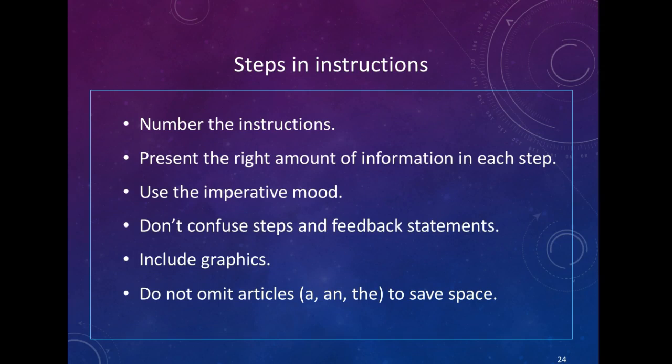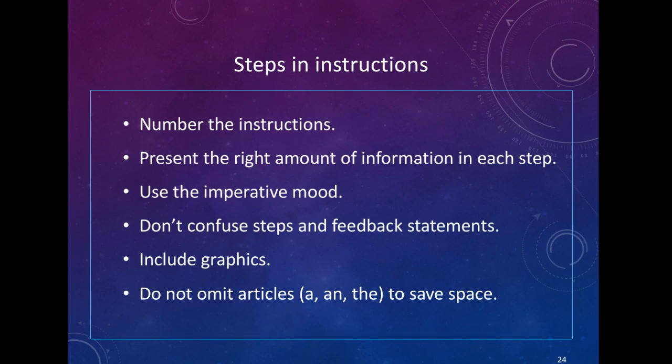Use the imperative mood. Do this, then do that. That's the imperative mood with the understood you: do this. Instead, you're using a command, basically. Don't confuse steps with feedback statements.